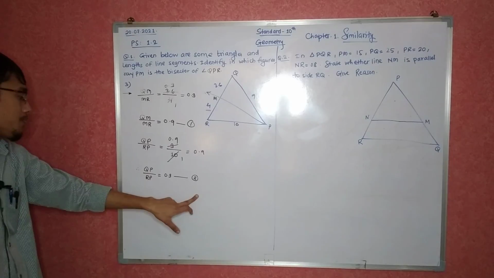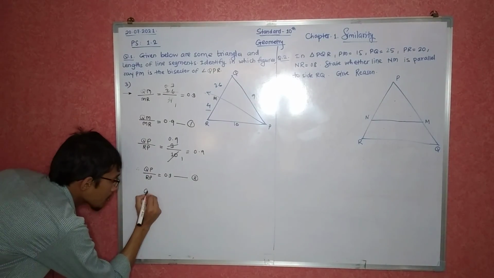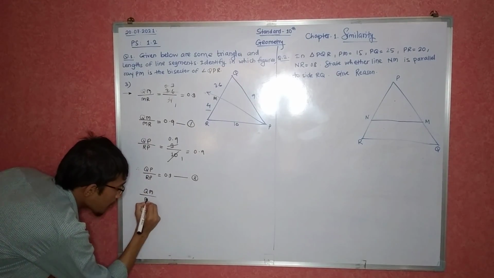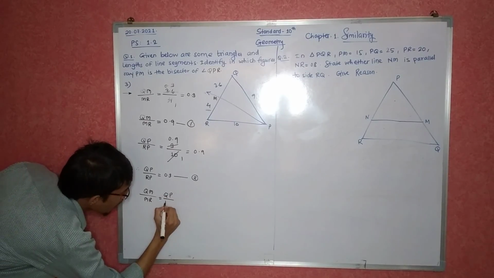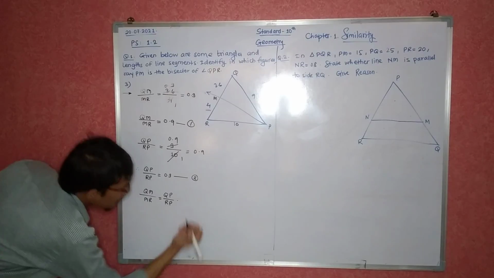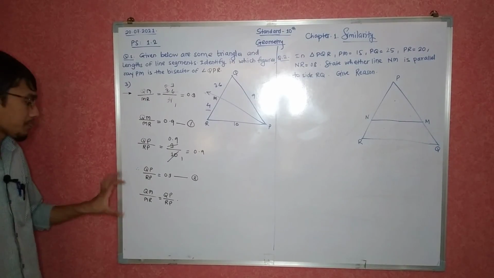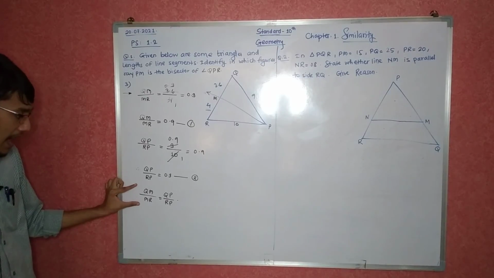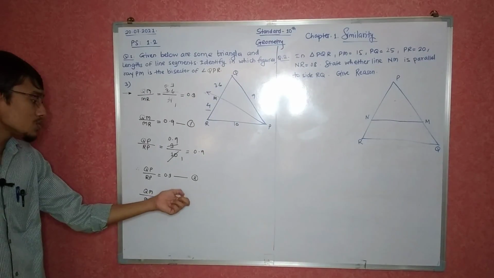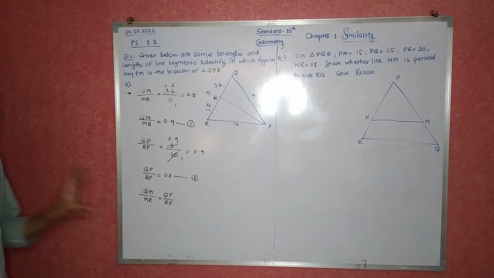From 1 and 2 we can write QM upon MR is equals to QP upon RP. So the ratio of the divided side and the ratio of remaining two sides both are equal.